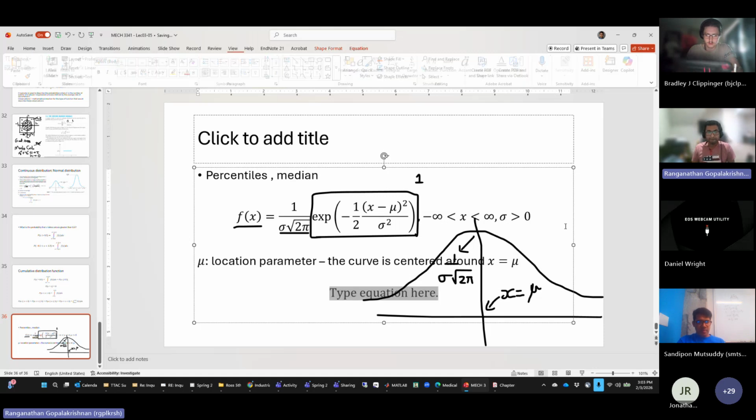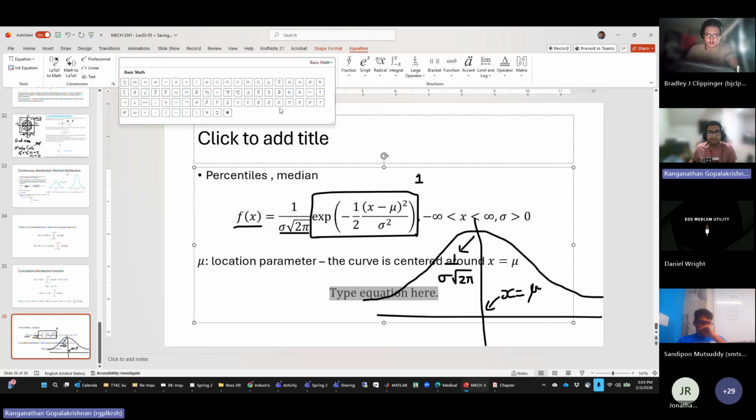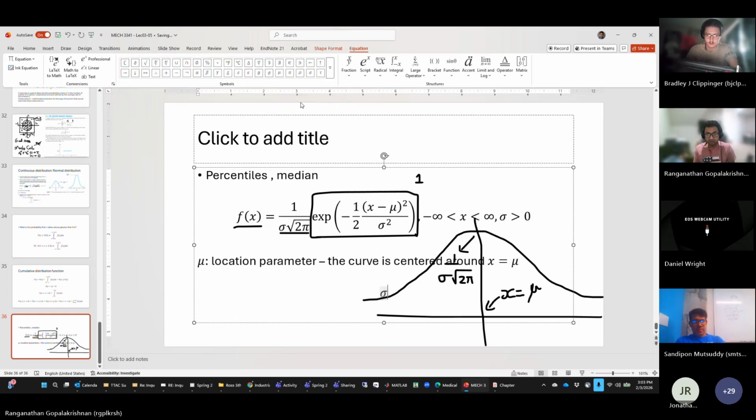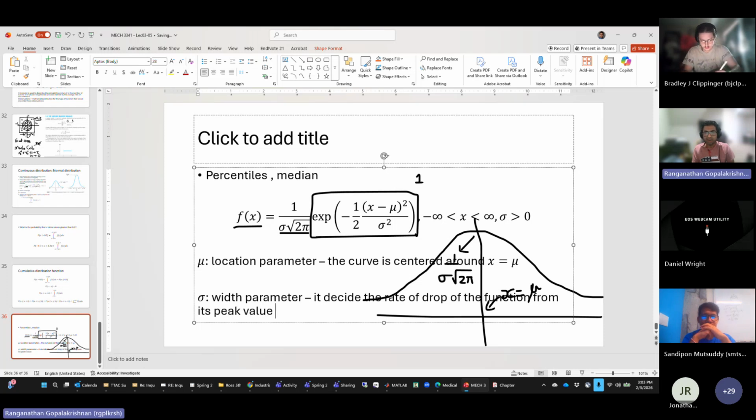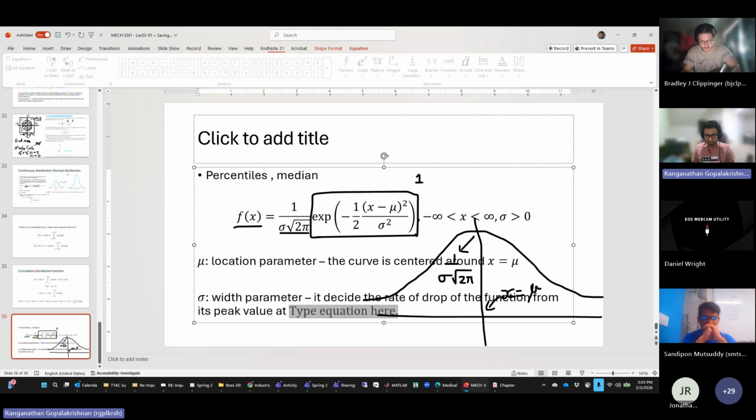Now sigma is not only the standard deviation, or sigma squared is the variance. It is also called the width parameter. It decides the rate of drop of the function from its peak value at x equals mu.